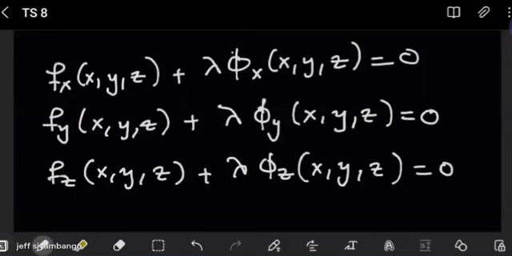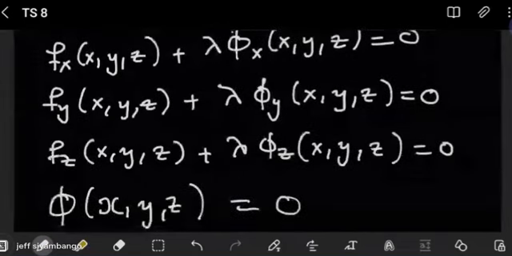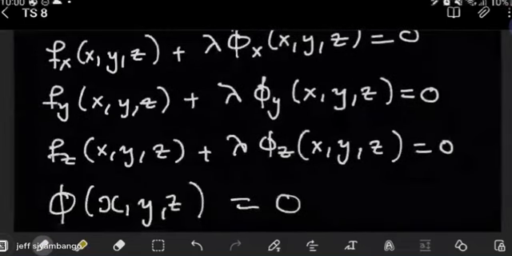Then the Lagrange multiplier would be the 4th unknown. So you need at least 4 equations. The fourth equation will be the one for the constraint, phi of x, y, z. This also has to be equal to 0. So these are the four equations that you will have to solve in order to figure out what is happening here. Any questions so far?